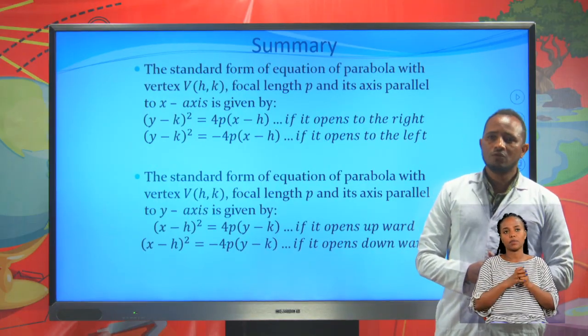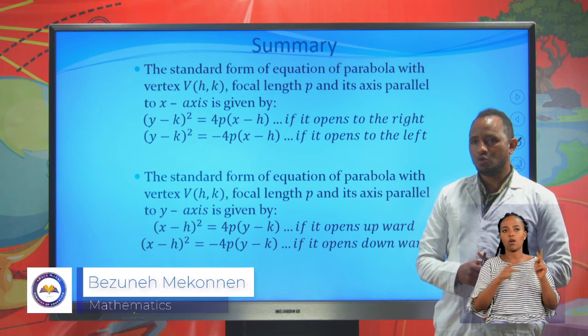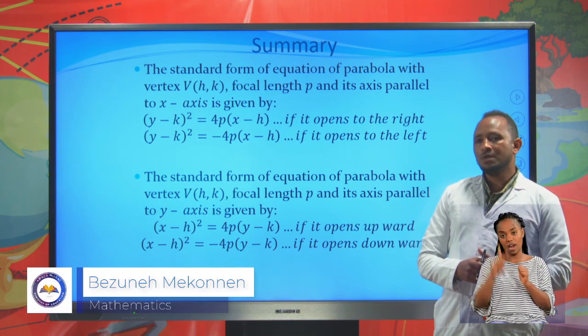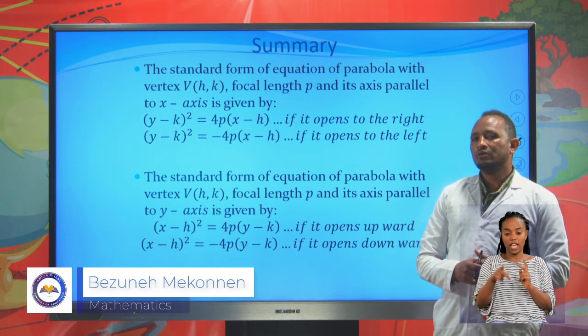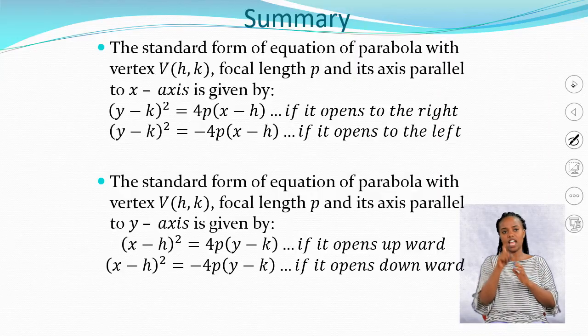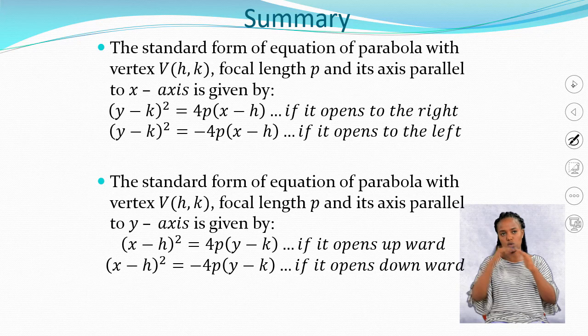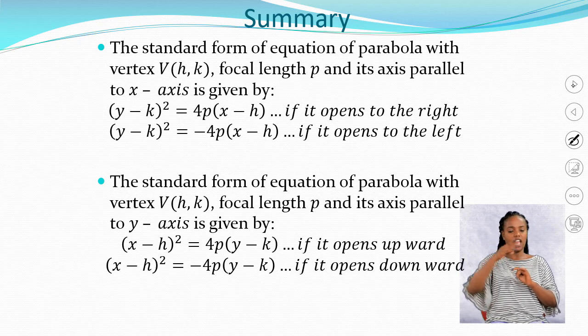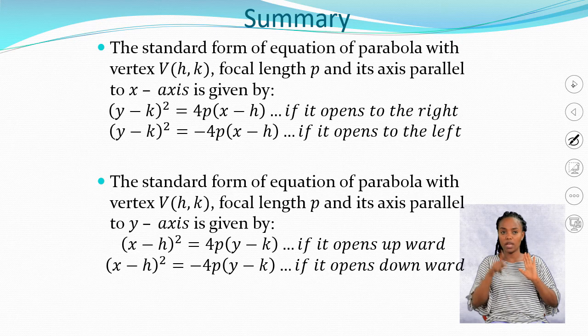The standard form of equation of parabola with vertex h, k, focal length p and its axis parallel to y-axis is given by x minus h whole squared is equal to 4p times y minus k if it opens upward, and x minus h the whole squared is equal to minus 4p times y minus k if it opens downward.